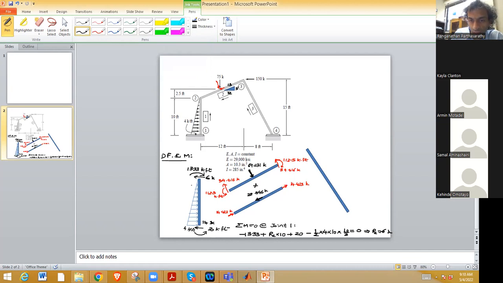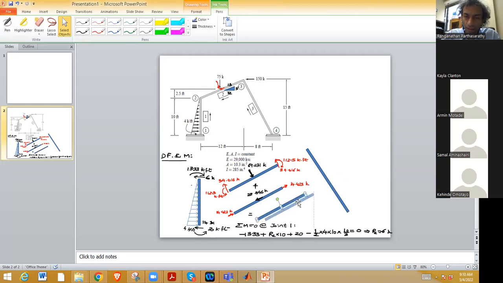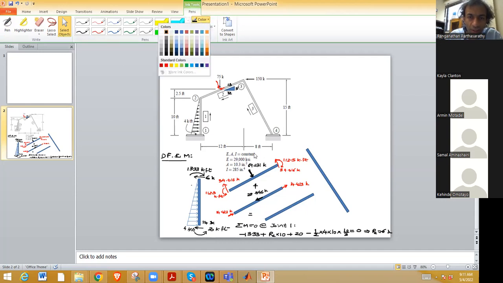This plus this is equal to what kind of fixed end moments you get. So as you know, moments are only due to the load perpendicular to the member.